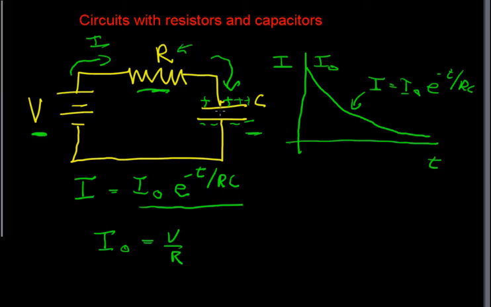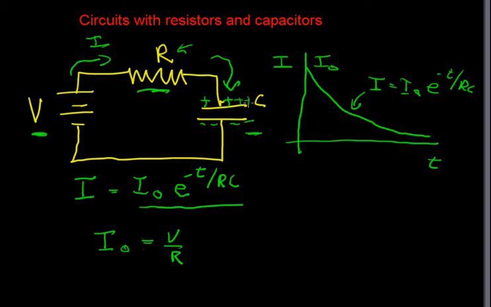The idea is, if there's no charge on the capacitor and you start the current flowing, so you throw a switch with no charge on the capacitor, then the current just flows freely initially through the wire, and so Ohm's law determines the initial current.